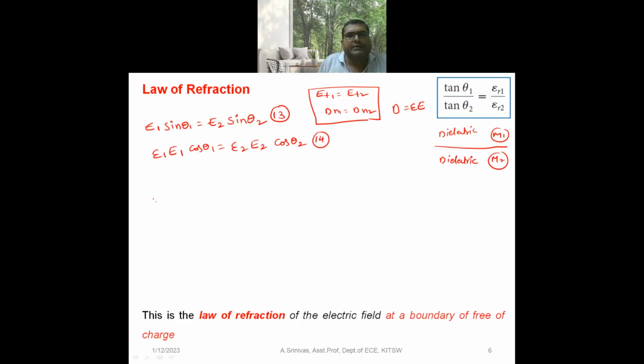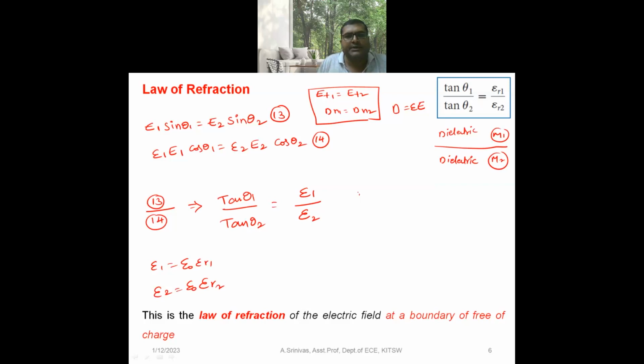And from equations 13 and 14, we get tan theta 1 by tan theta 2 is equal to epsilon 1 by epsilon 2, where epsilon 1 is equal to epsilon naught epsilon R1, epsilon 2 is equal to epsilon naught epsilon R2.